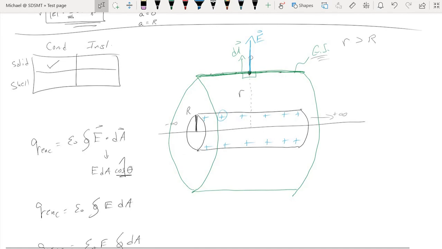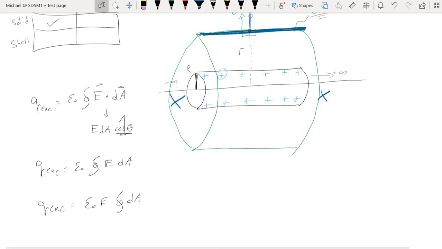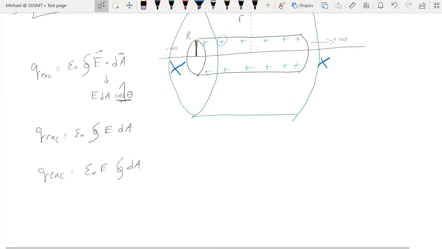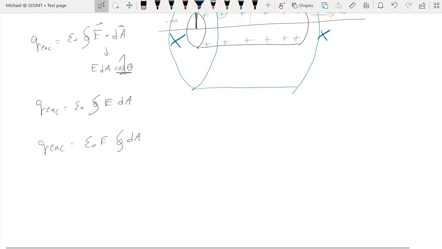And just like the line charge expression, the only place where we're really concerned about the electric field is up here along the drum portion of the cylinder. We're not concerned with what's happening along these end caps. And so the only area that we're going to use is the area of that drum portion.